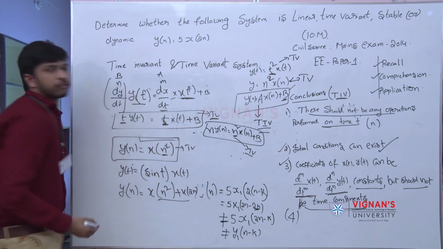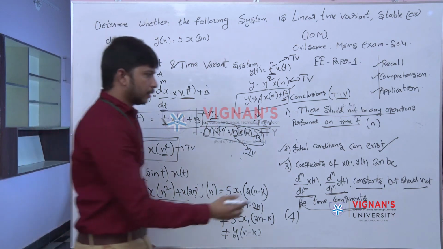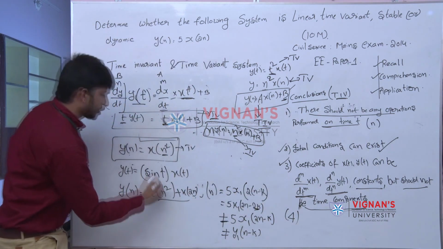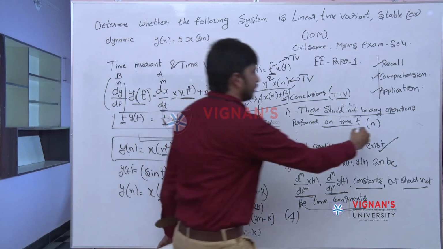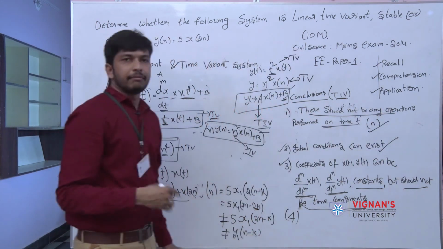So operations are performed on time. Here operations are performed on time. If any operation is performed on time, then the system is a time variant system.